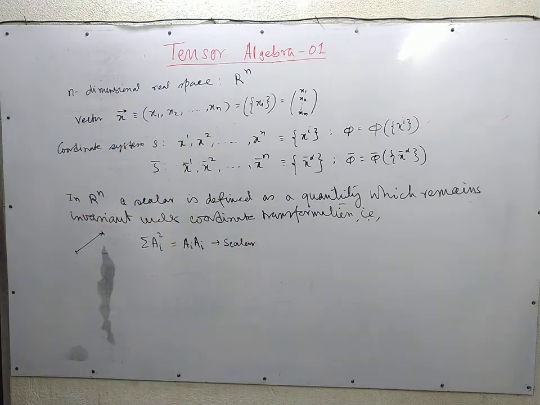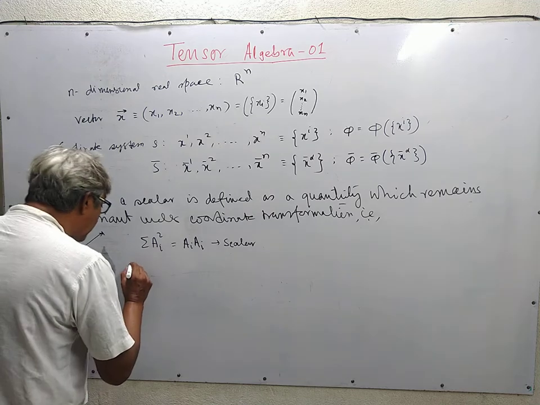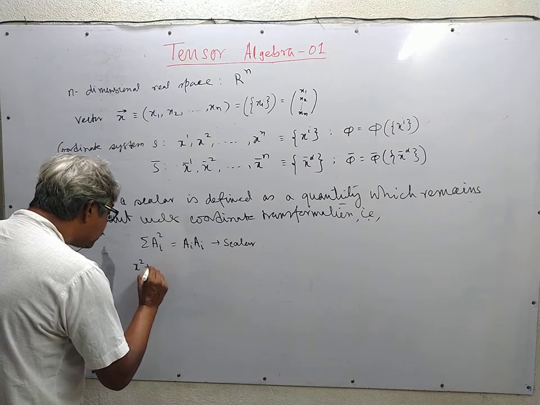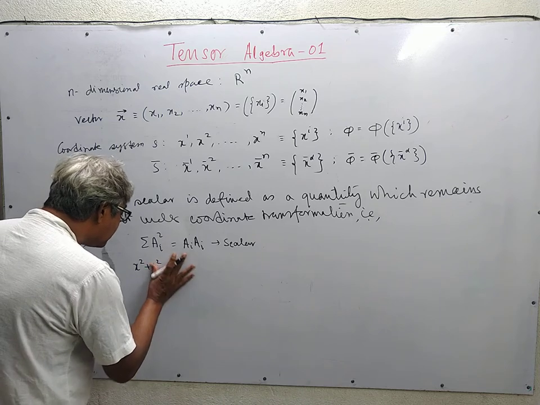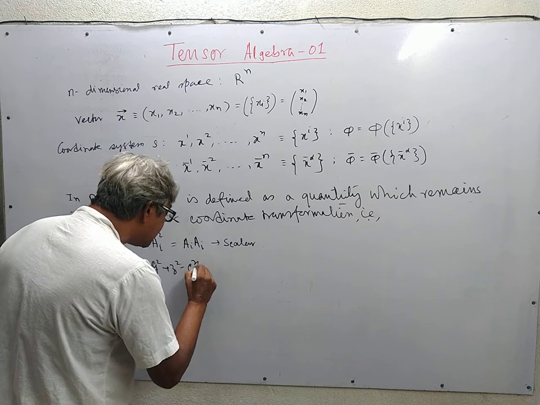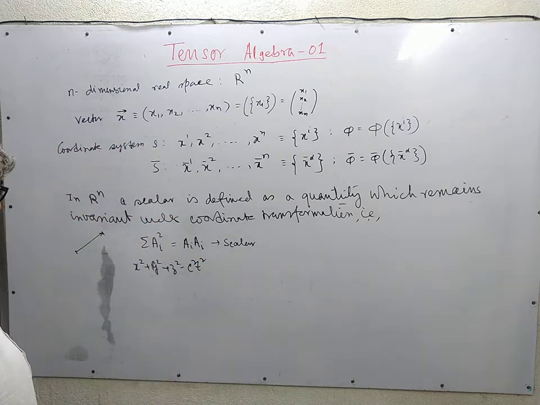It is a scalar. There is another example. You might know that in Minkowski space of special relativity, x squared plus y squared plus z squared minus c squared t squared is a constant.